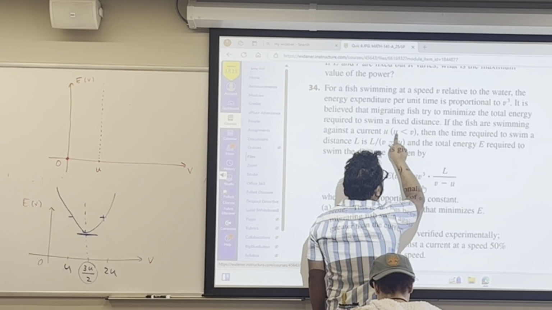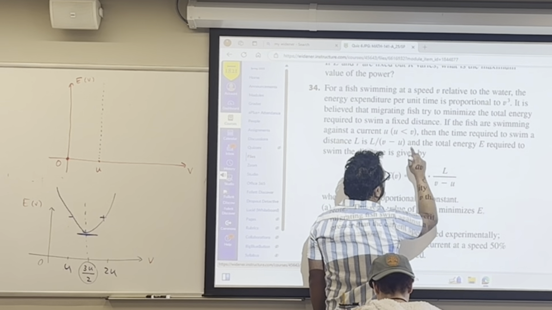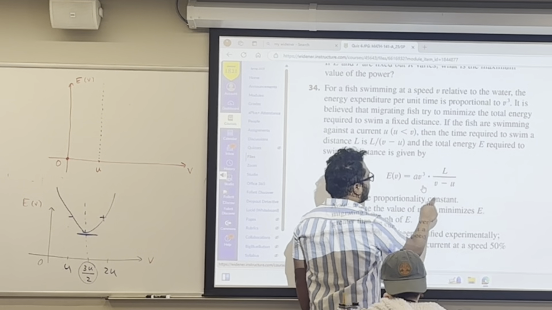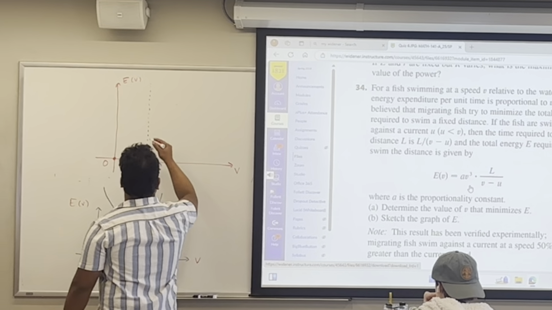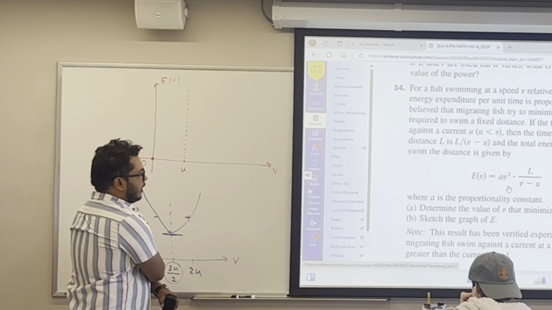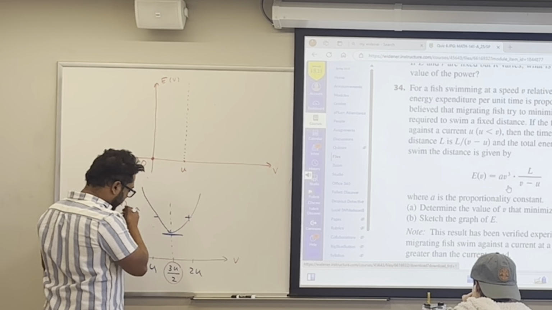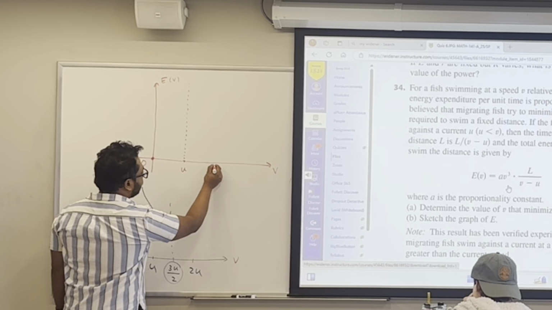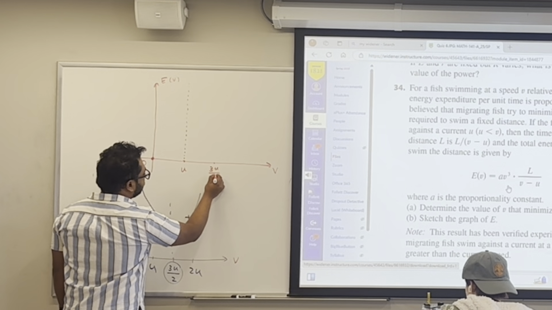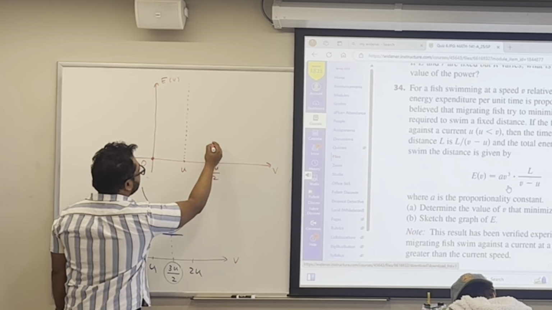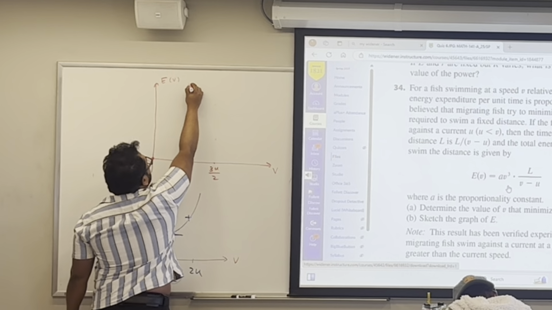Your v is greater than u. When u and v are equal, you have a problem, like a vertical asymptote. And I know this is 3u over 2, and I have a minimum. So it's kind of coming like this.